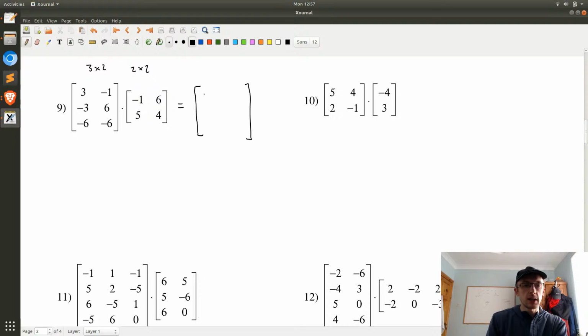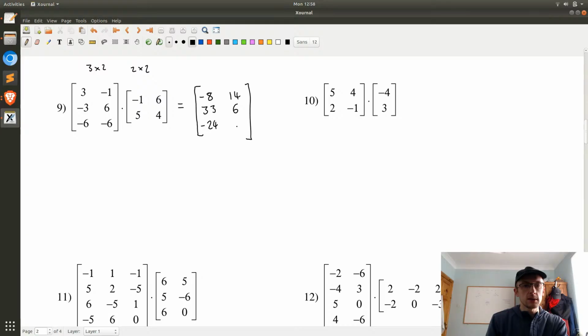Negative 3 take 5, or minus 3 minus 5 is minus 8. 18 take 4 is 14. 3 add 30 is 33. Negative 18 add 24 is 6. 6 take 30 is negative 24.